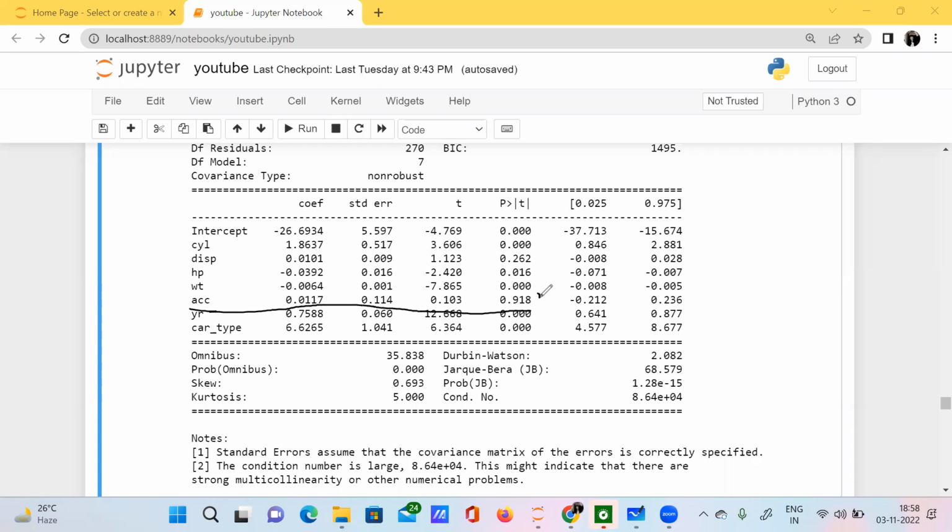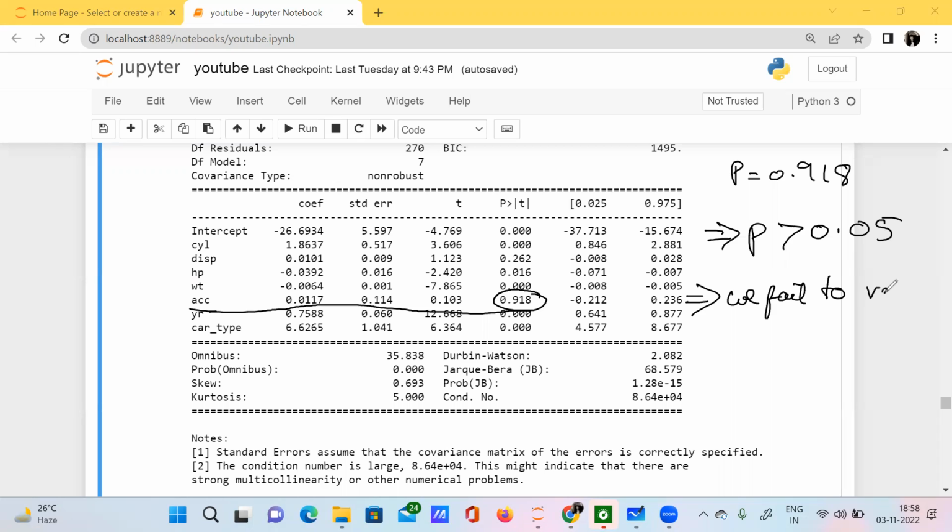It is saying 0.918. So what is the p value here? 0.918. This implies P is greater than 0.05. If P is greater than 0.05, we don't have any kind of evidence, so we fail to reject the null hypothesis, that is H naught.